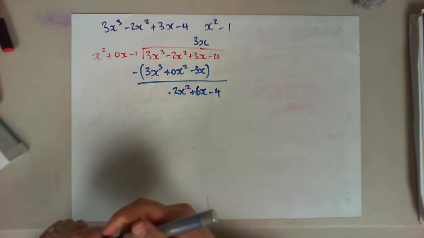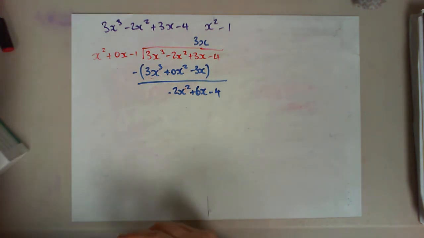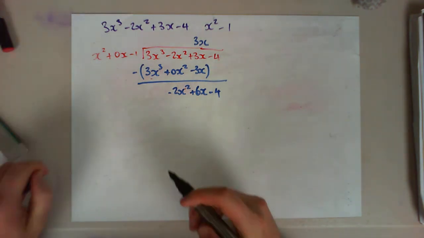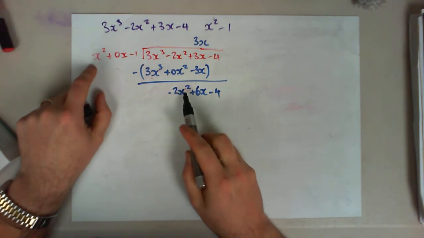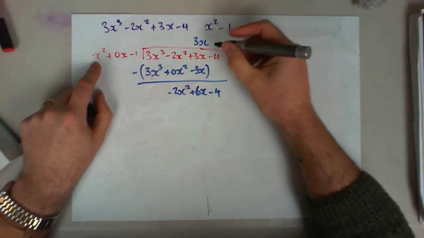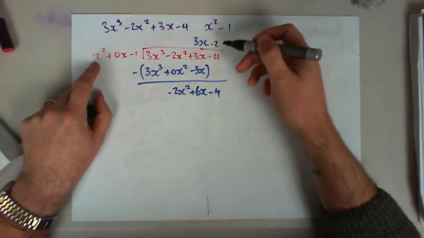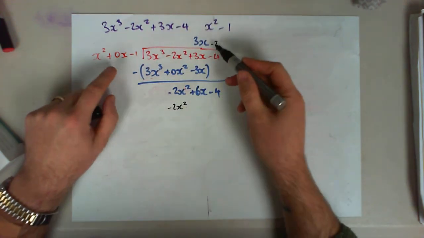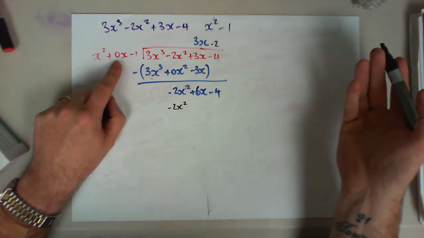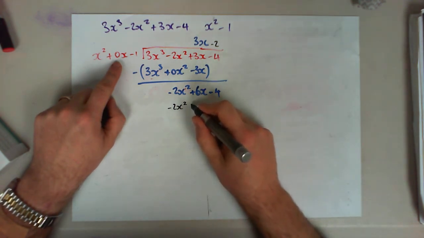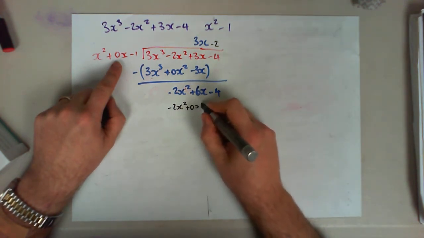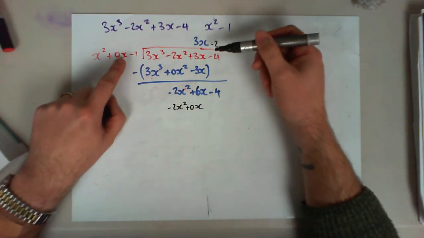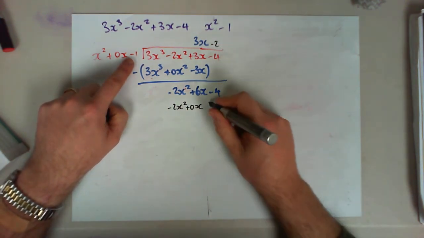Okay, we've got a new question. Okay, next line. Negative 2x squared divided by x squared will leave us with negative 2. Multiply back through. Negative 2x squared. Okay, negative 2 times 0 is just 0, so we've still got our plus 0x. And negative 2 times negative 1 is positive 2.